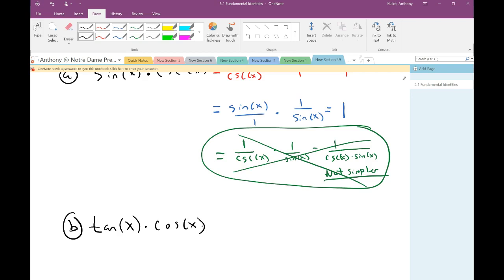Does anybody see an expression or one of these identities that might be useful to us? Somebody want to yell one out that you think is going to be the one to use, Michael? Quotient 1, yeah. So which one of the two parts are you going to want to use?